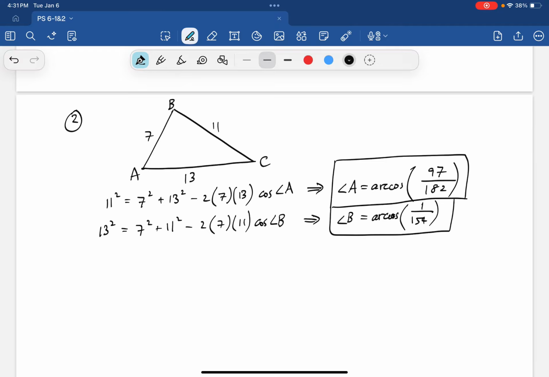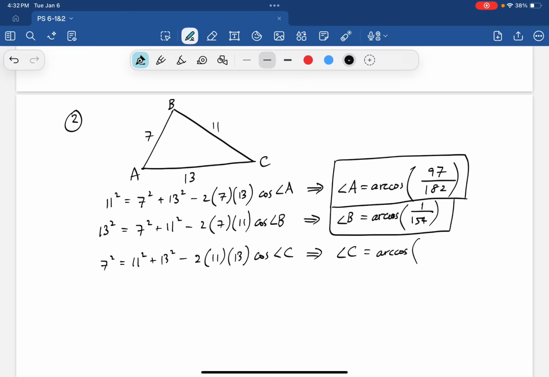And then angle C, finally, 7 squared equals, what is it? Equals 11 squared plus 13 squared minus 2 times 11 times 13 cosine angle C, which would give us angle C equals arc cosine 121 plus 169 is 290. 290 minus 49 is 241.